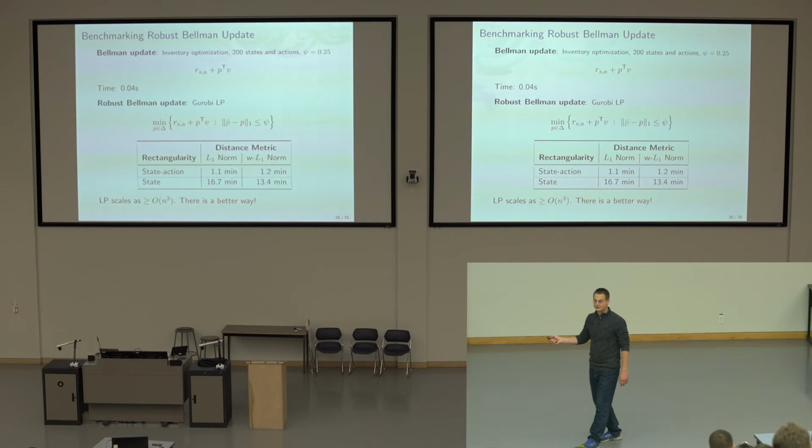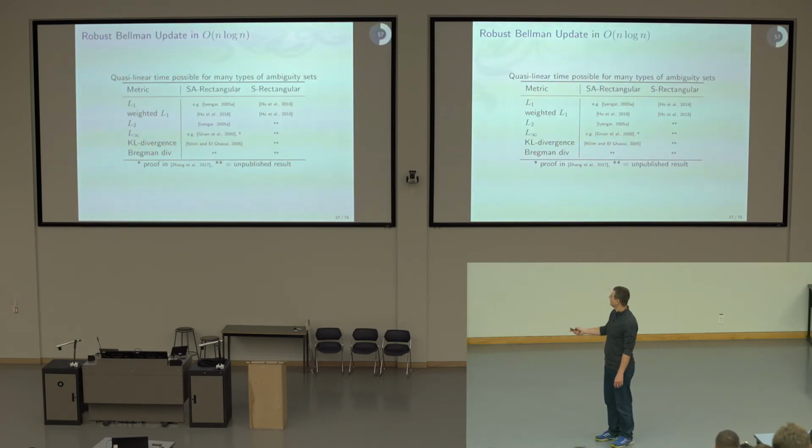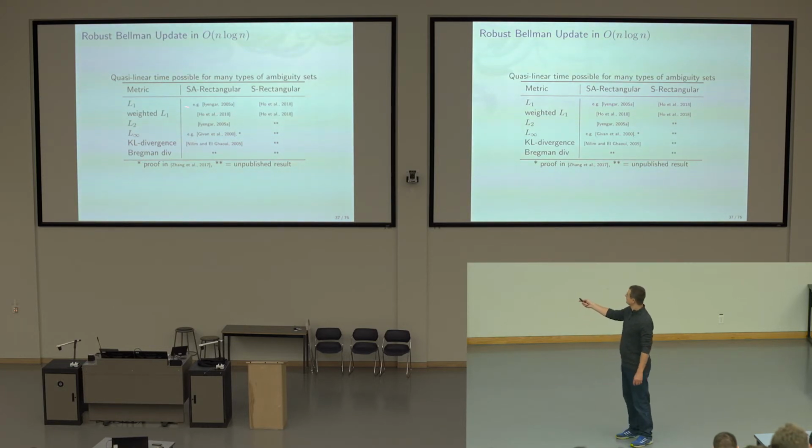I don't have the time to actually go into the details, but this is a table which summarizes for which metrics you can compute this in quasi-linear time, which is really, really quick. There's some references. Many of these techniques have been reinvented. This one, I know at least 5 different original works that derive the same algorithm.